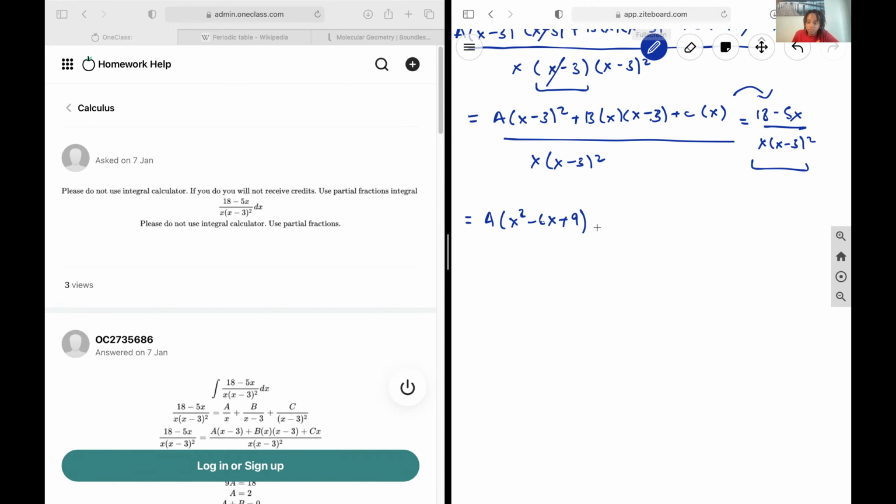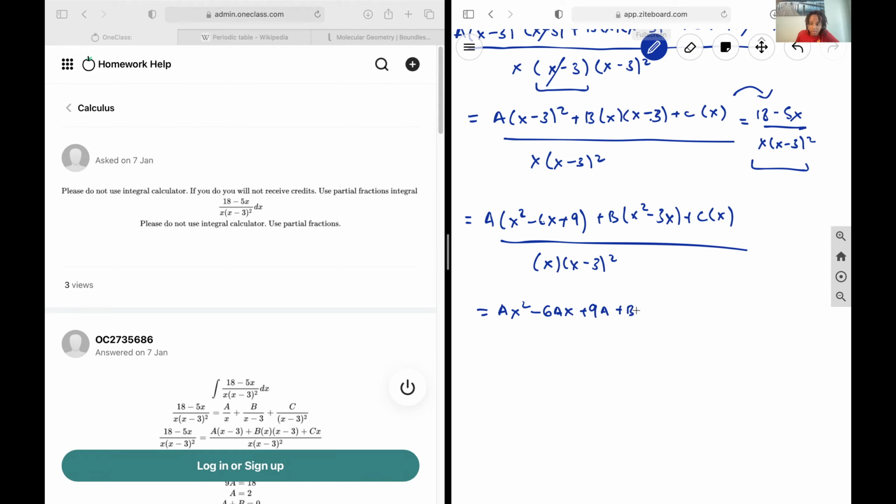Yep, this will become b into (x squared minus 3x), and this is simply c into x over our denominator, and then just put in the terms. So this is ax squared minus 6ax plus 9a plus bx squared minus 3bx plus cx all over what we know.